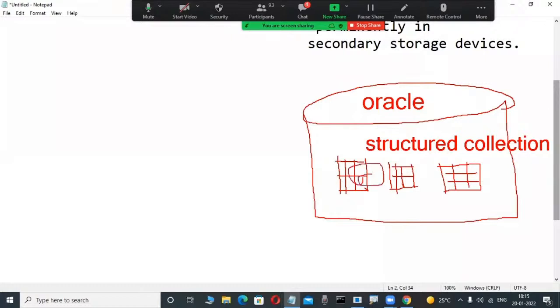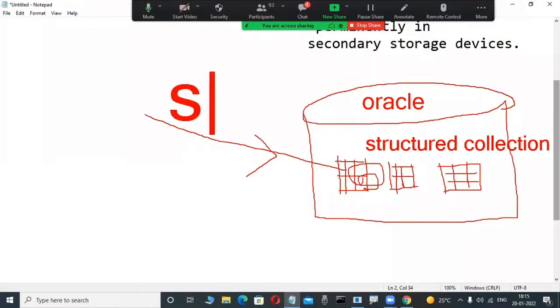Once a structured collection of data is there, to operate on this data some language is required. What is that language? Maybe anybody has an idea? SQL, Structured Query Language. Through this language we operate on structured data in relational databases.